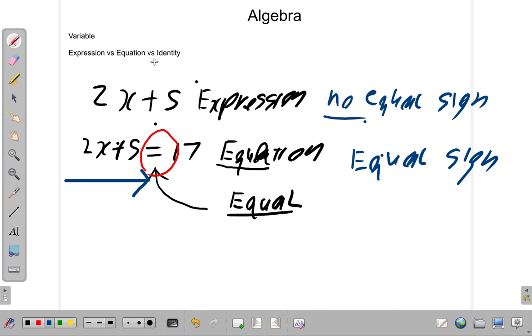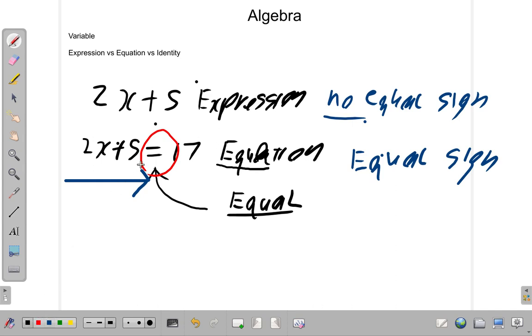But anyway, the other thing we want to look at is what is called the identity. You probably have not used the term very much before, but what we want to do is look at the difference between the equation and the identity.